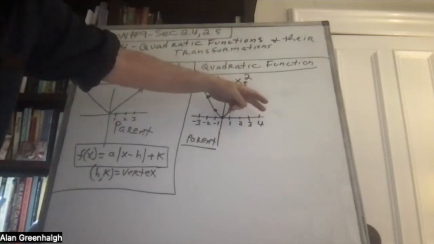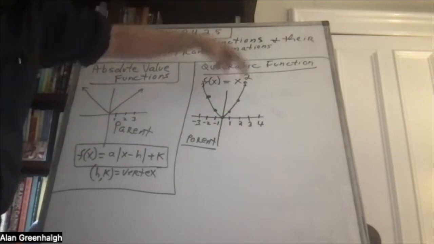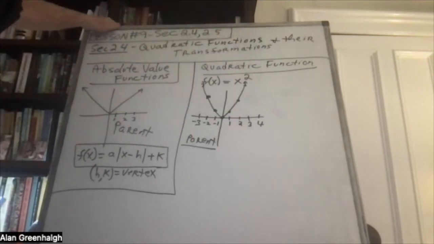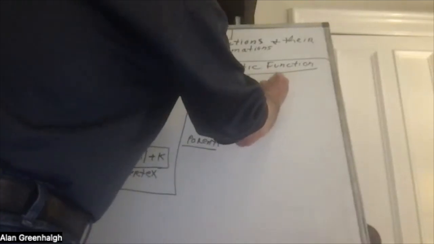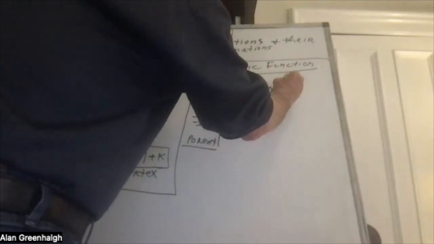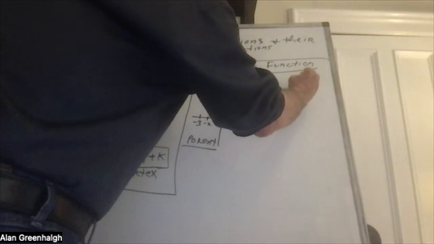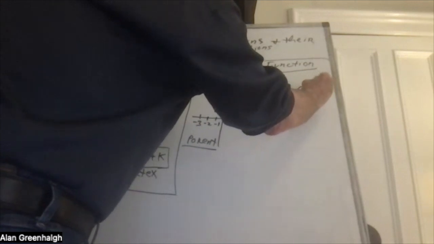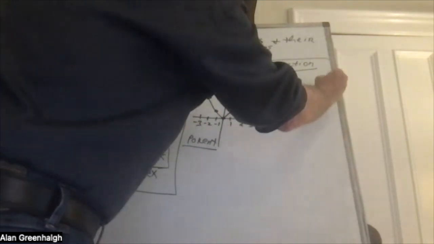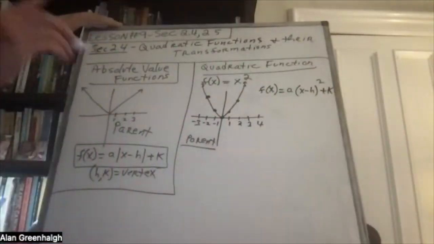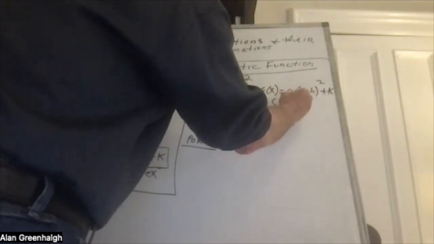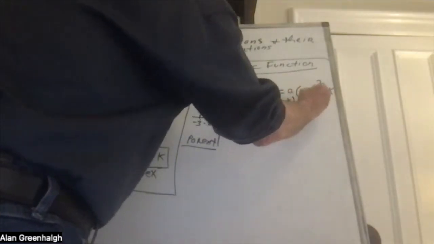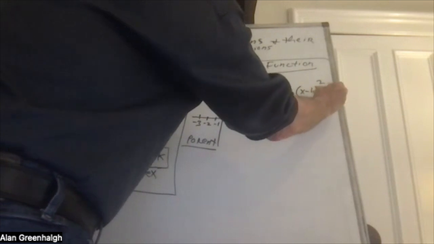For 5, it's going to be 25, and it's going to go like that. And to make it even more similar, we can even say that f of x will equal a times (x minus h) squared plus k, where (h, k) is equal to the vertex.